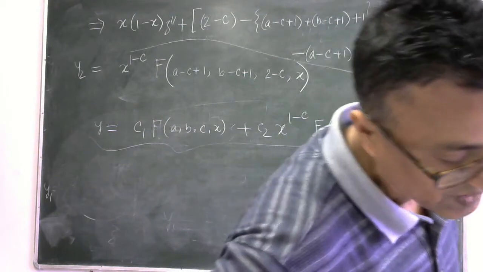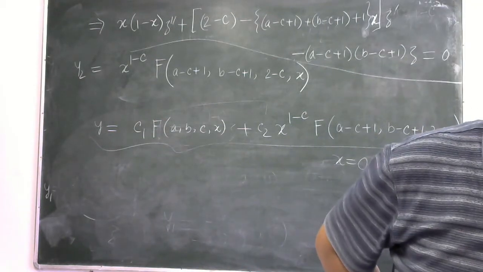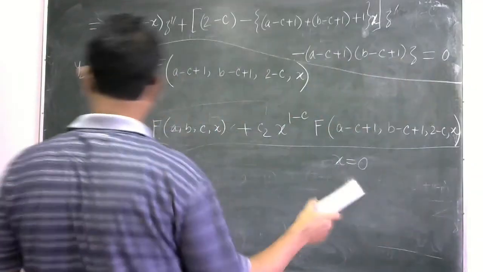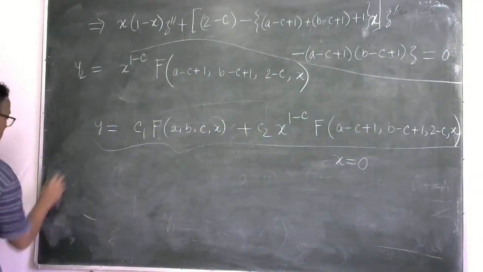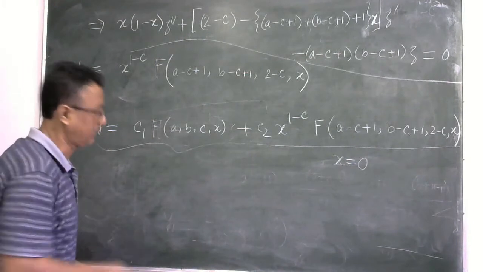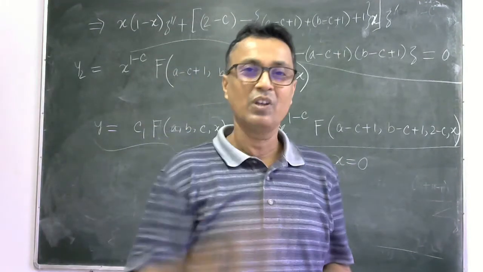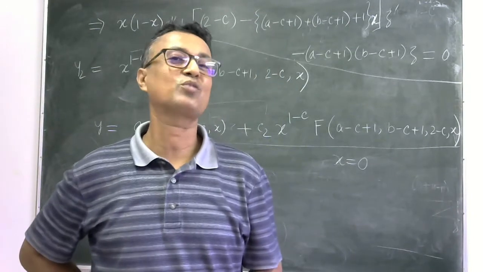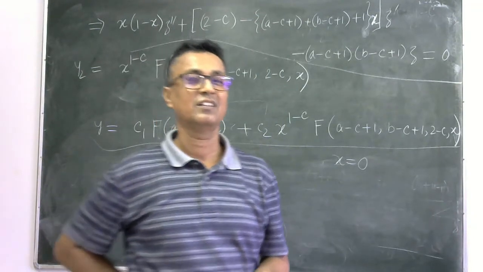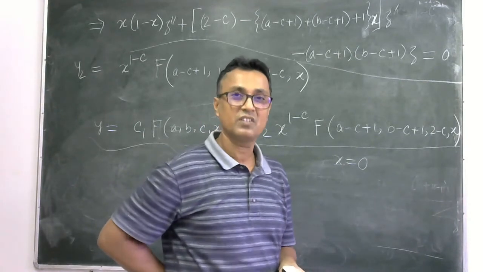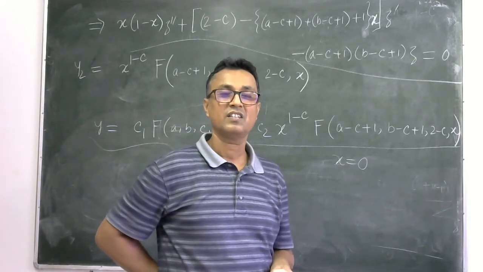Now, can you tell me what we should do when I am trying to find a series solution about x equal to 1 using Gauss's hypergeometric equation concept? Can you give me a way?